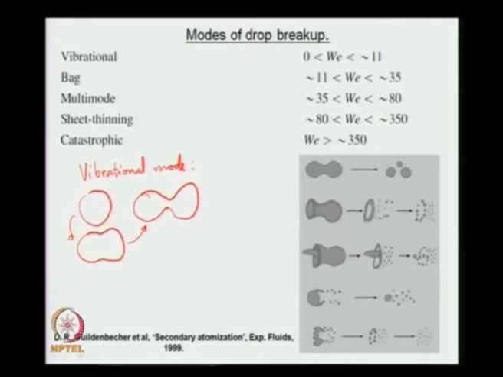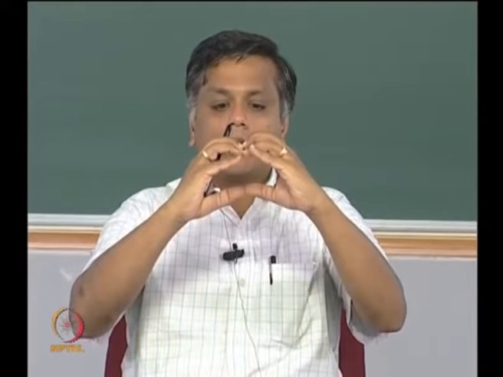Now, this is not a process by which the drop is going quasi statically from a nice spherical drop into a dumbbell and then breaking up. It is a vibrational breakup mode, that is, this drop is undergoing a set of vibrations, but those vibrations are amplifying in amplitude.